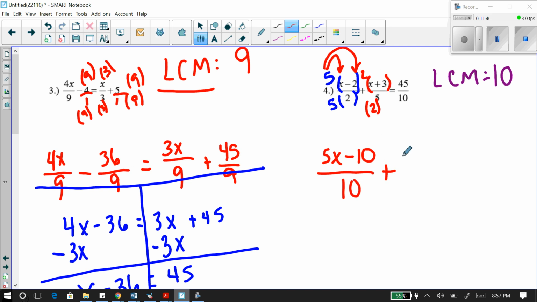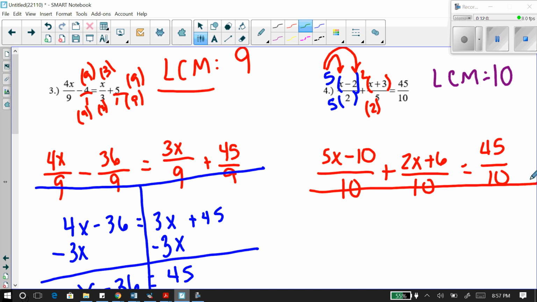2 times x is 2x. 2 times 3 is 6, all over 10, equals 45 over 10. All right, they're all 10s. Cross them off. You're left with 5x minus 10 plus 2x plus 6 is 45.